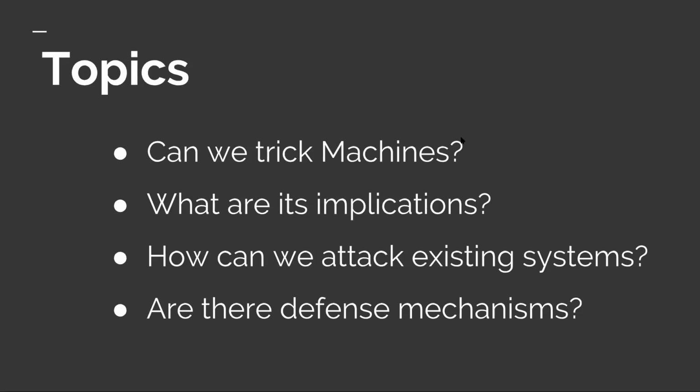The first one was a question about tricking and fooling machines, which is the base for our context today. Then we look at its implications. What if we can trick? What are its implications? Then we look into a few existing attacks, a few simple approaches, actually very simple, and I'll briefly go through a few defense mechanisms on how to prevent such attacks.